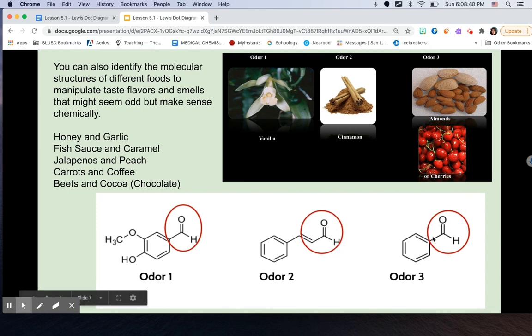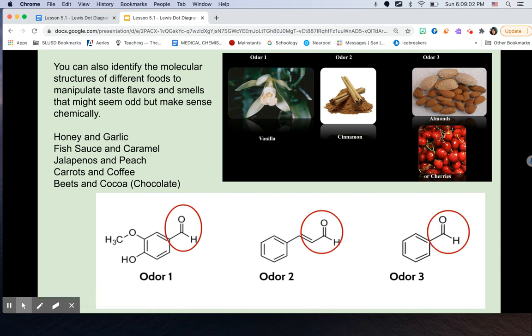So almond and cherries actually have the same exact structure, and that's often why when you make a cherry pie recipe, the recipe will call for almond extract as an additional flavoring to make it smell more like cherries, because it's actually the same exact molecule.